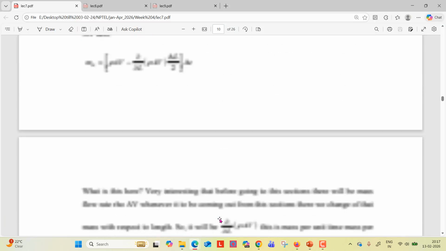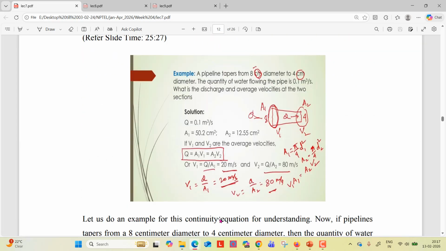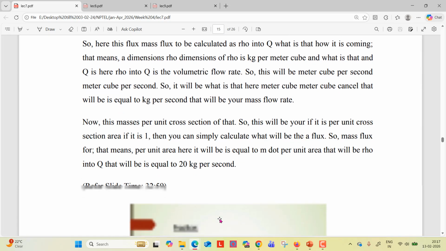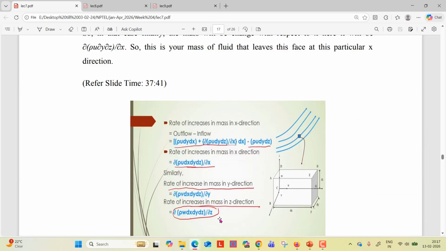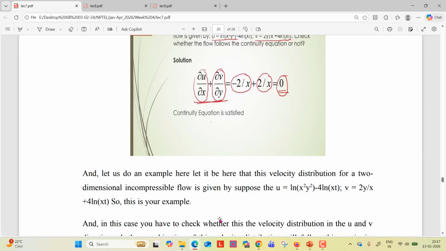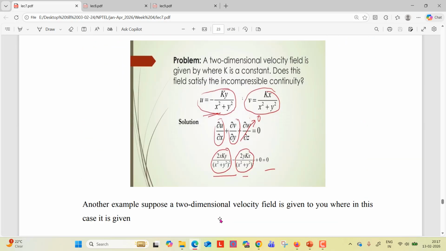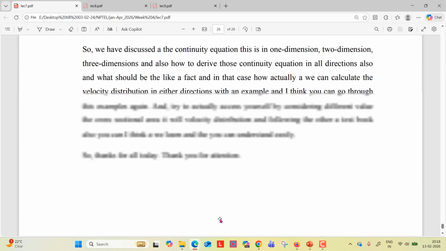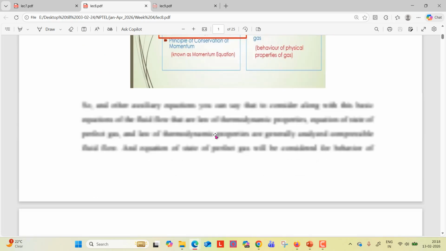I talked about this already in the lecture 8, the linear momentum.